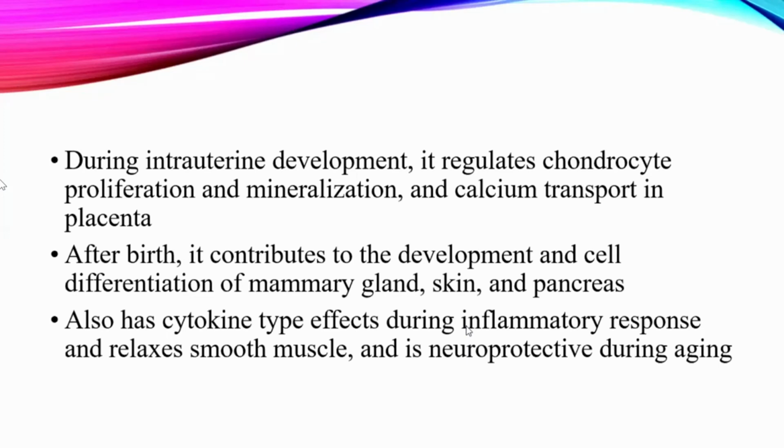It does this during intrauterine development and after birth. After birth, it contributes to the development and cell differentiation of the mammary gland, skin and pancreas. It also has cytokine-type effects during the inflammatory response, causes vascular smooth muscle relaxation, and acts as a neuroprotective during aging.